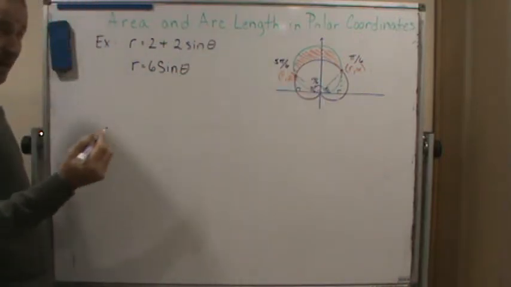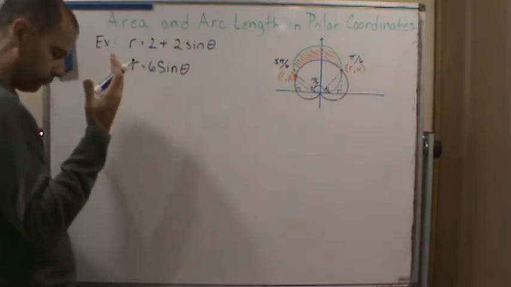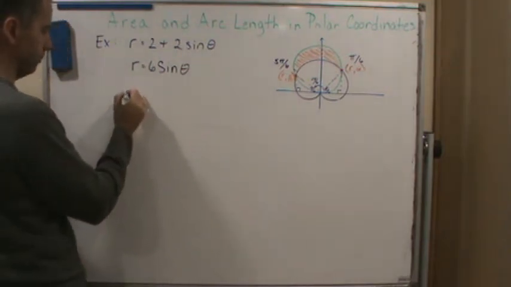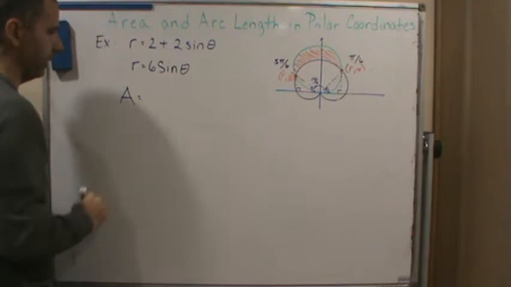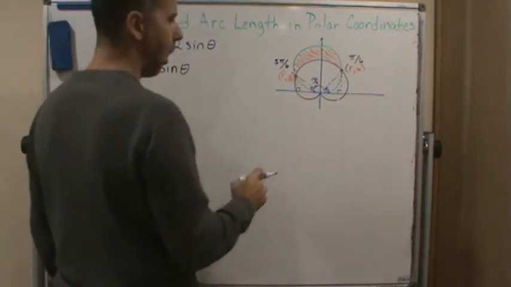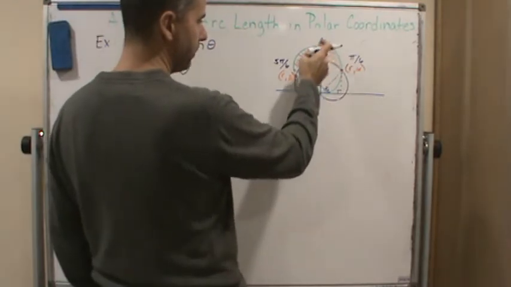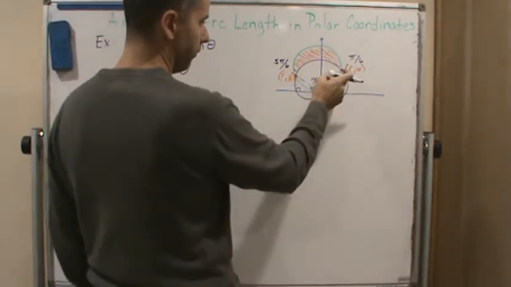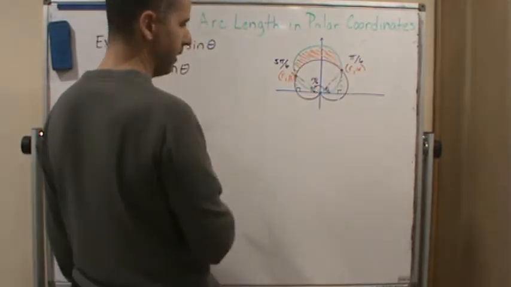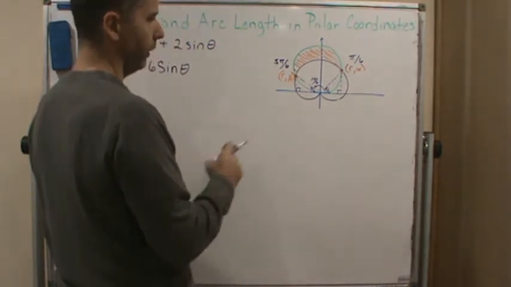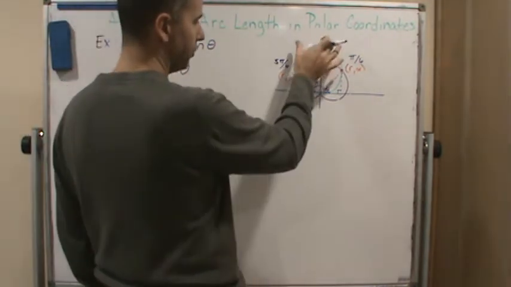Now let's set up our integral for area. We want the area of the region between the two curves from pi over 6 to 5 pi over 6. But we need to know how to subtract these.